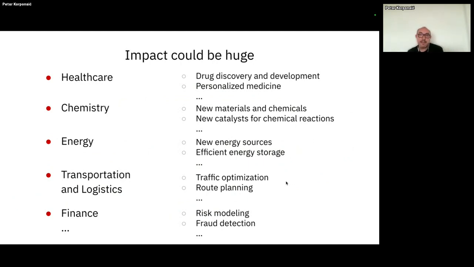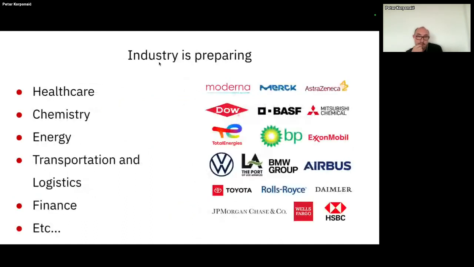But anyway, in any industry there are problems with high complexity, which quantum computing could possibly solve and move that industry significantly forward. So that impact could be huge. And because the potential impact is big, industry is already preparing. I assembled only a few examples here.